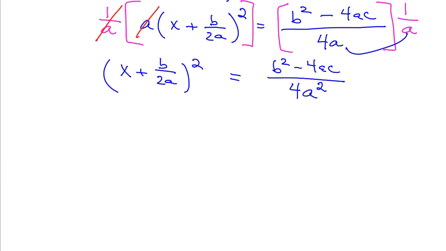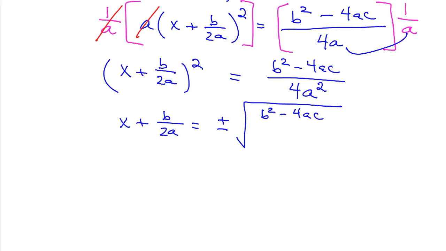Now I'm ready to use the square root property. So we get x plus b over 2a is equal to plus or minus the square root of b squared minus 4ac over 4a squared.